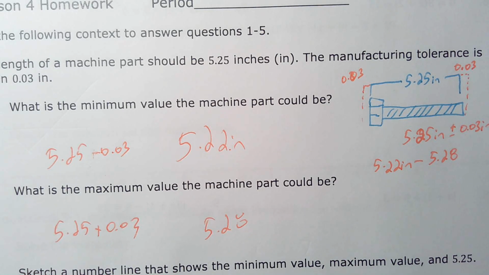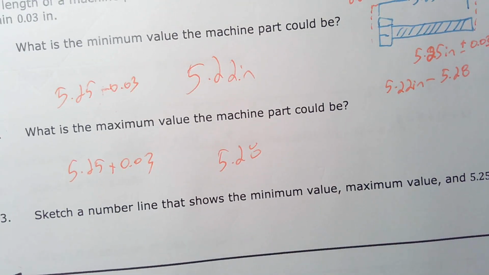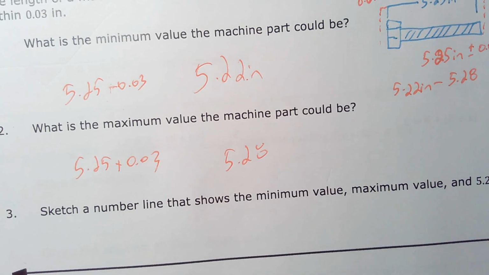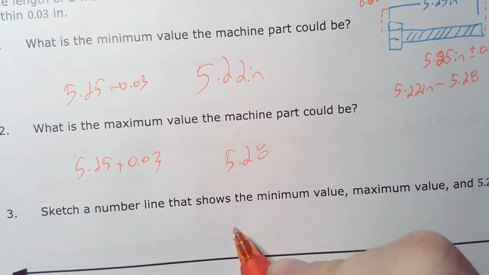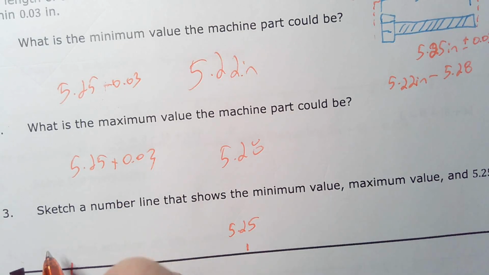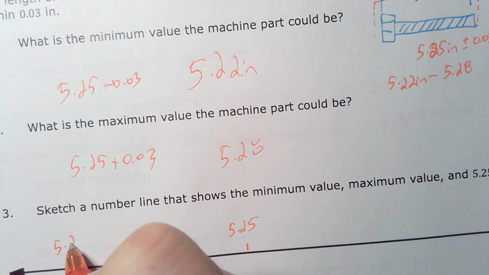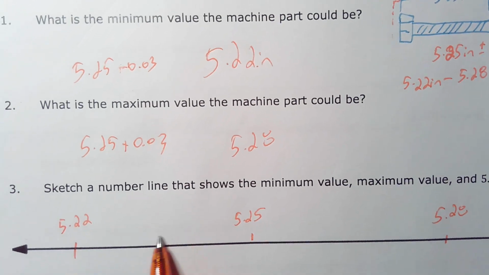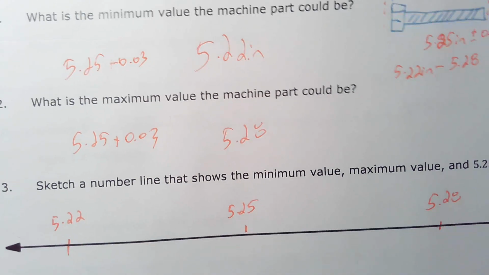Okay, so on the number line, let's show a maximum and a minimum value. 5.25 right there, and then minimum is 5.22, and a maximum is 5.28, and they're roughly the same distance.